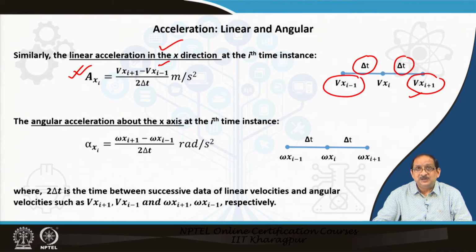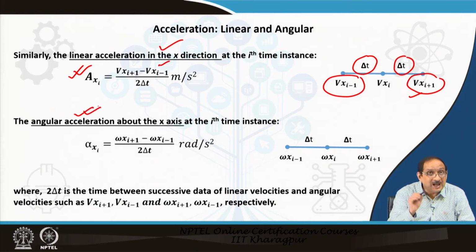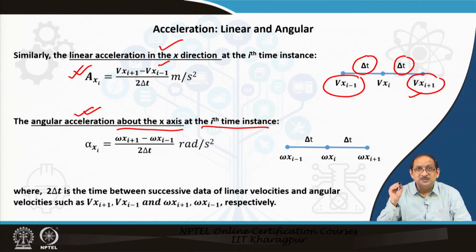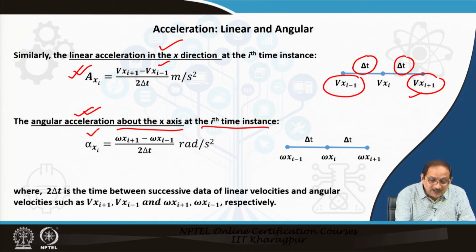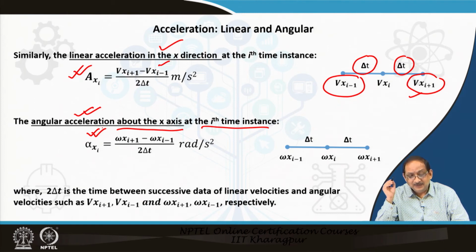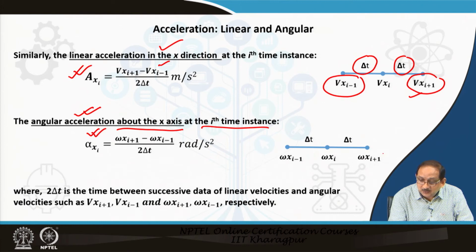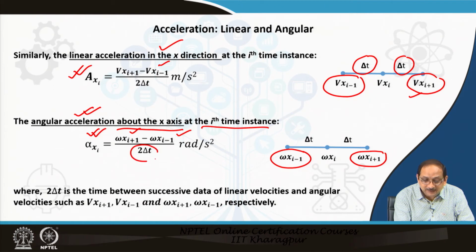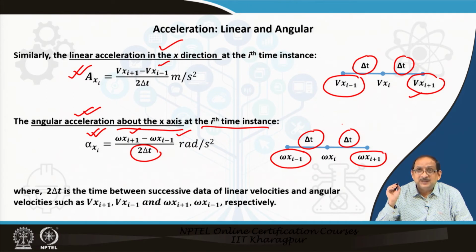The angular acceleration, please note, about the x axis at the ith time instant can be calculated as alpha xi, which is the difference between the angular velocities omega xi plus 1 minus omega xi minus 1 divided by the time difference 2 delta t.